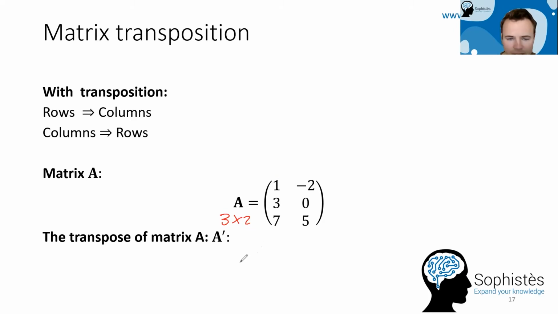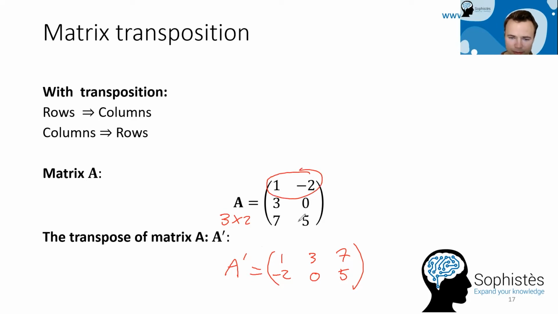If you are going to transpose this matrix, you can put a prime here, and then your first row becomes your first column. Your second row becomes your second column. Do you see what happens? Your third row becomes your third column. And that's what happened here.